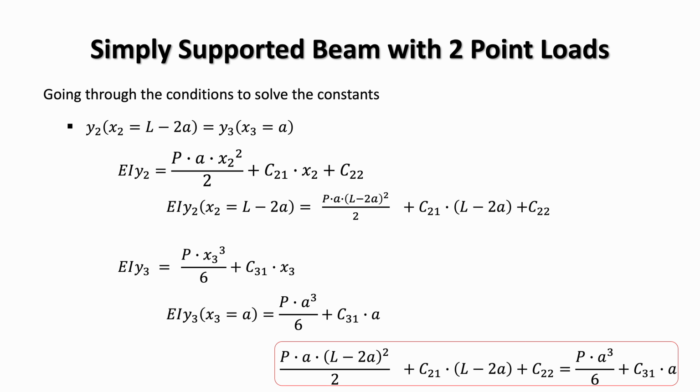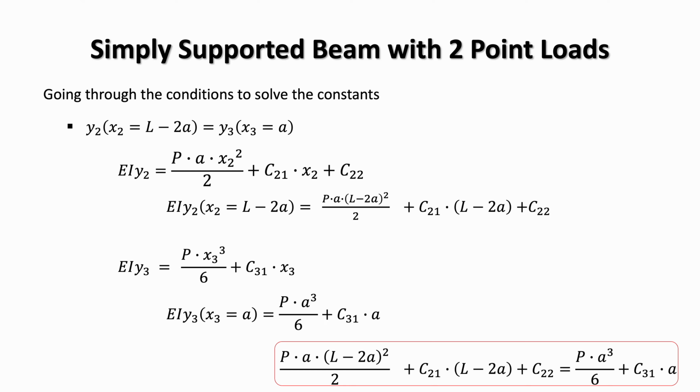At point C, the beam is continuous, so the vertical deflection must be the same when approached from either side. In terms of the local coordinate system, that means the deflection from region 2 when x2 equals L minus 2a must equal the deflection as defined in region 3 when x3 equals a.